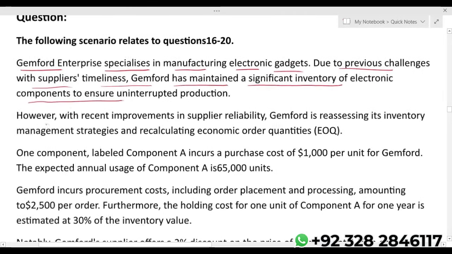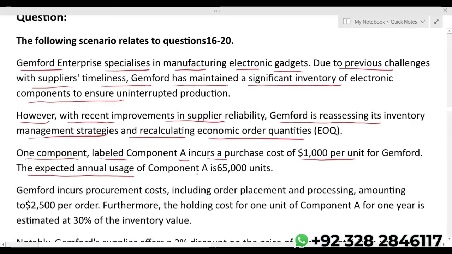However, with recent improvements in supplier reliability, Jim Ford is reassessing its inventory management strategies and recalculating EOQ, economic order quantity. One component, labeled component A, incurs a purchase cost of 1,000 per unit. For Jim Ford, the expected annual usage of the component is 65,000.